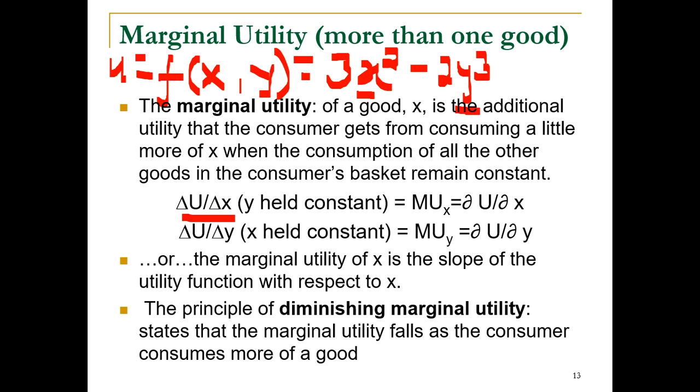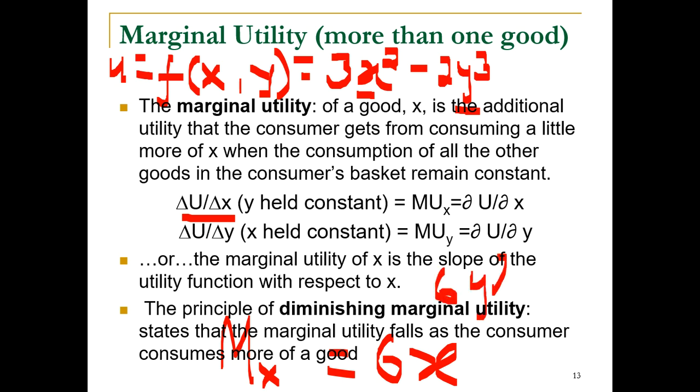Meaning that marginal utility with respect to good x is just going to be 2 times 3, giving us 6x. Again, if we are trying to get the marginal utility with respect to good y, it would have been just this part, which would have been 2 by 3, 6y to the power 2, as the marginal utility with respect to good y.